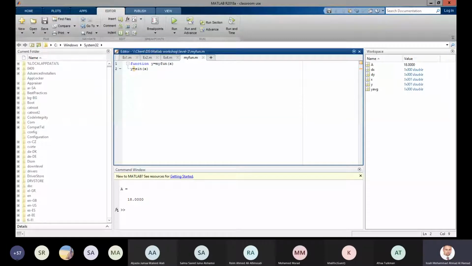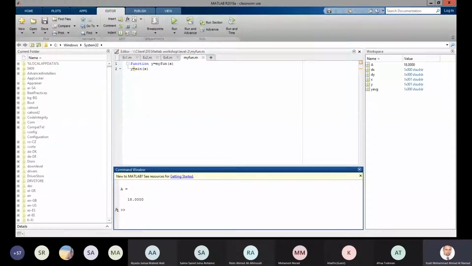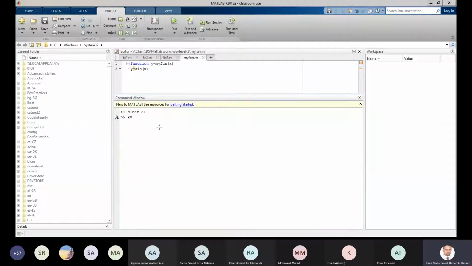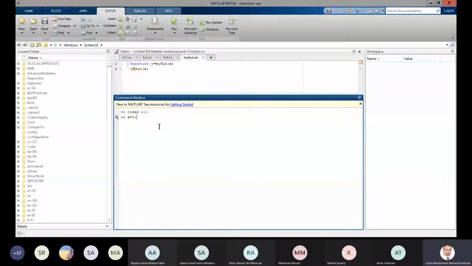Now I can make another script file, or you can go to the workspace. Let me increase the size here a little bit. Now I can define x to be 0 with an increment of 0.1 up to pi.